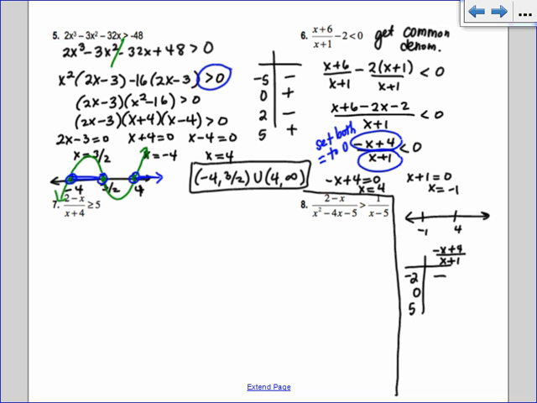When I plug that in, I get 4 on top, 1 on bottom. It's positive. What about 5? I get a negative number on top: -5 plus 4 is negative, all over a positive. Negative over positive is negative. It's not always going to alternate, so don't assume it alternates. So I get negative, positive, negative, and I want less than 0. I want negatives.